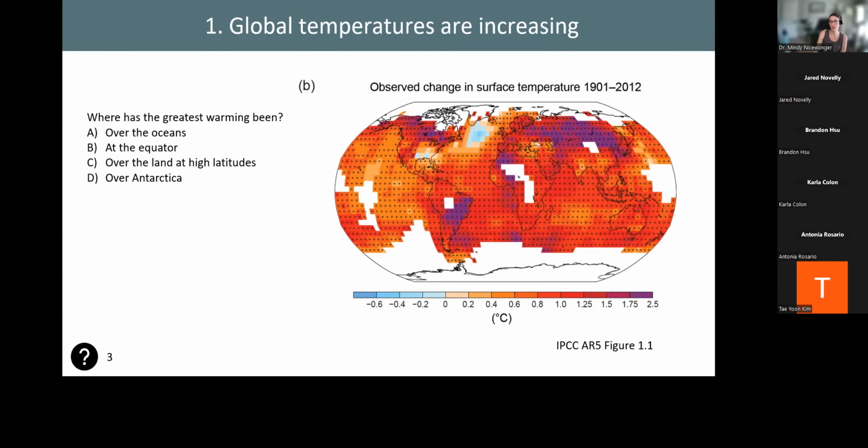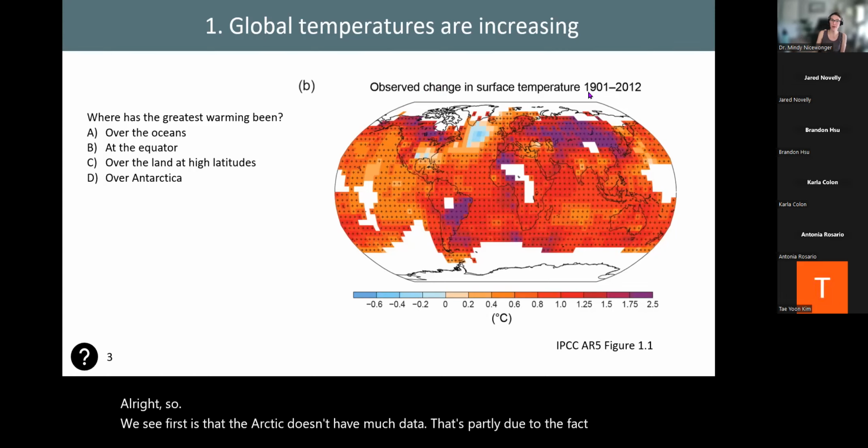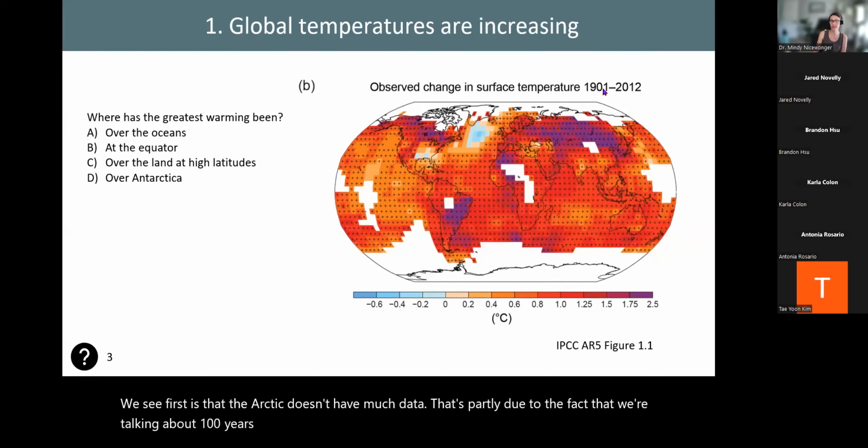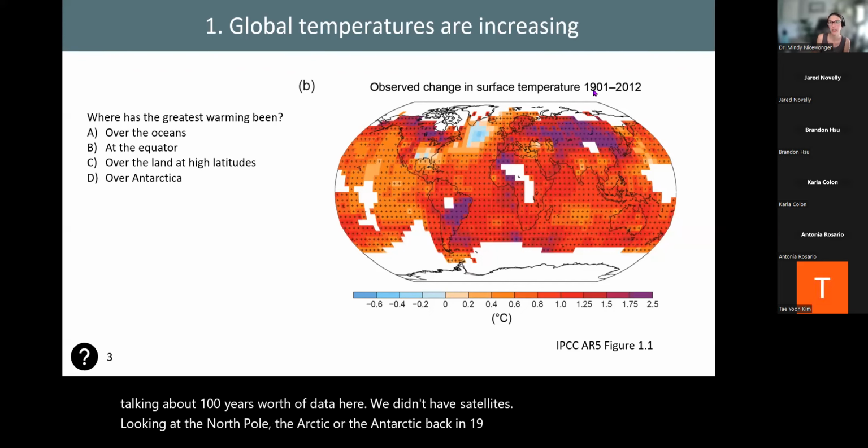All right. So we see first that the Arctic doesn't have much data. That's partly due to the fact that we're talking about 100 years worth of data here. We didn't have satellites looking at the North Pole, the Arctic, or the Antarctic back in 1900. So that's only a subset of this data.